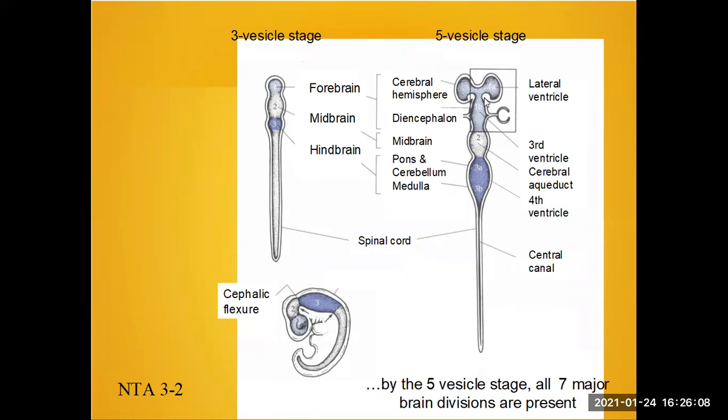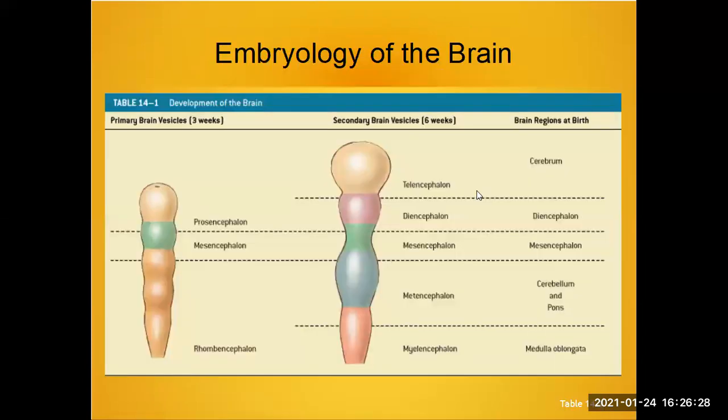You can see 5 secondary vesicles: telencephalon, diencephalon, mesencephalon, metencephalon, and myelencephalon. Three primary and 5 secondary vesicles.